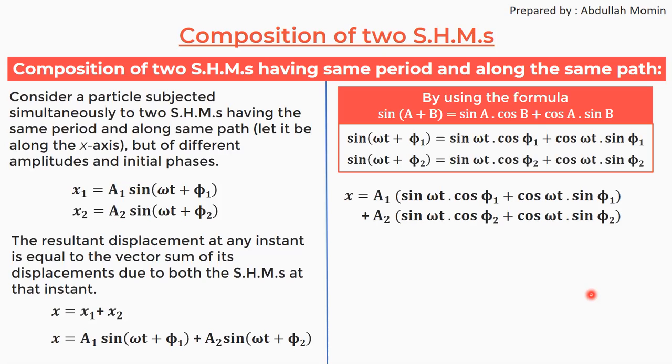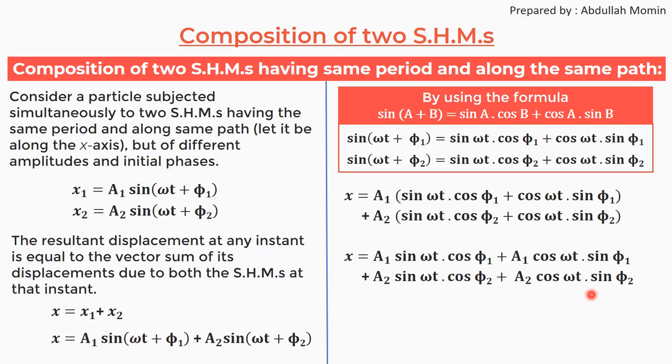Now we are going to put these terms in the given equation of x. So x can be written as a1 (sin omega t cos phi 1 plus cos omega t sin phi 1) plus a2 (sin omega t into cos phi 2 plus cos omega t into sin phi 2).